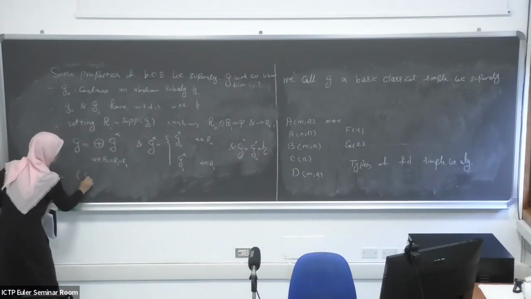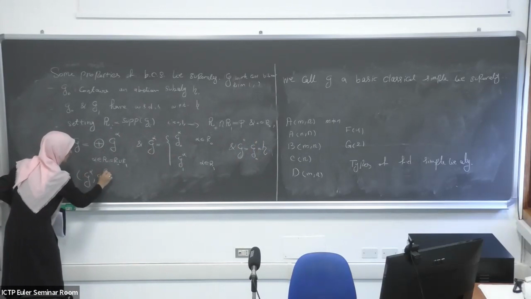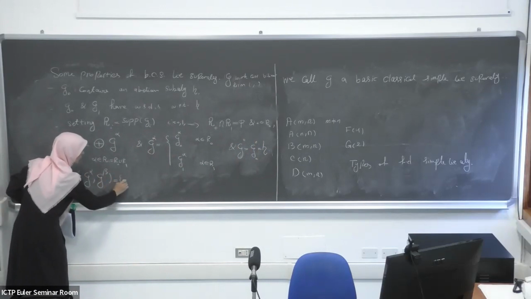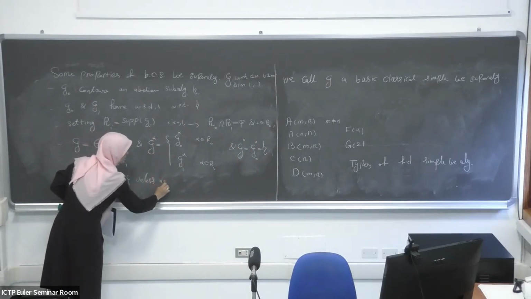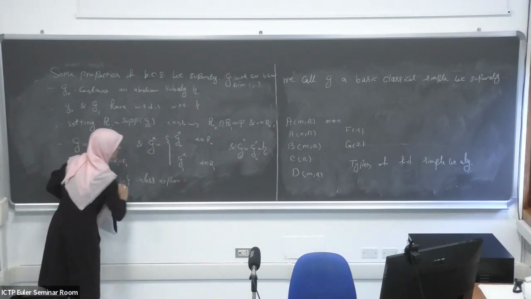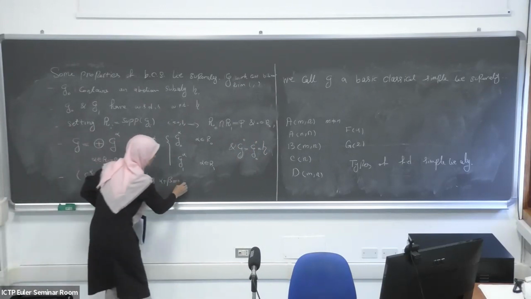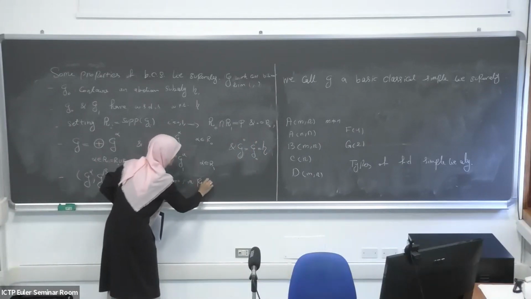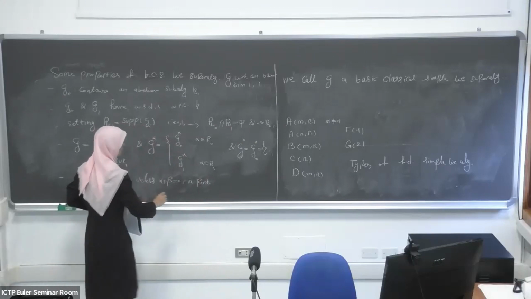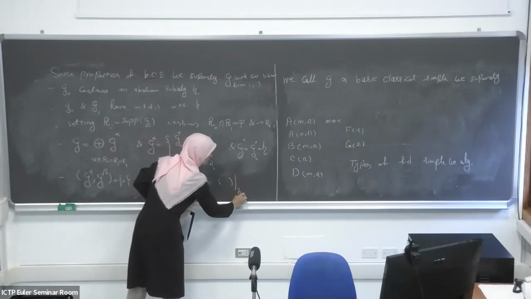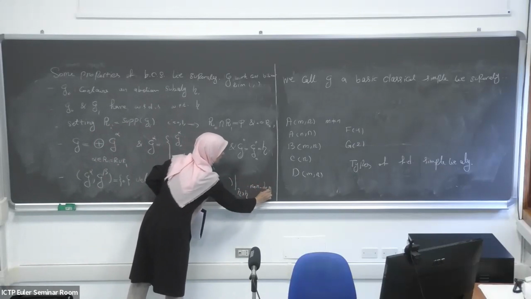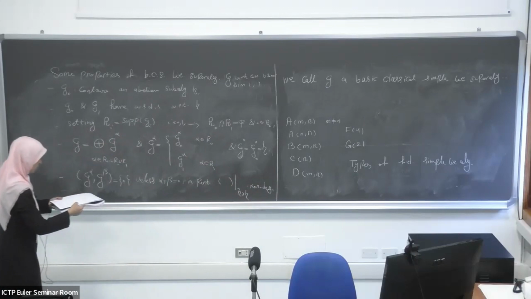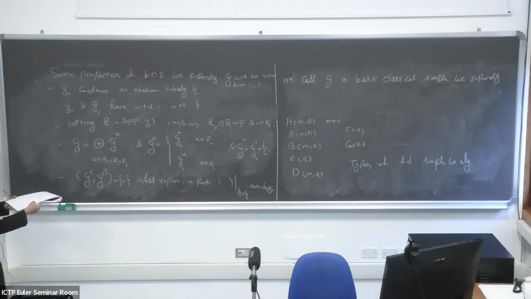And G alpha, G beta is 0 unless alpha plus beta is 0. In particular, the form over H is non-degenerate, right? Okay, and the other things, yeah.